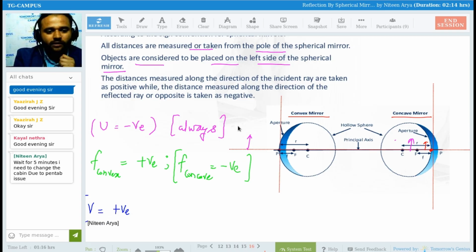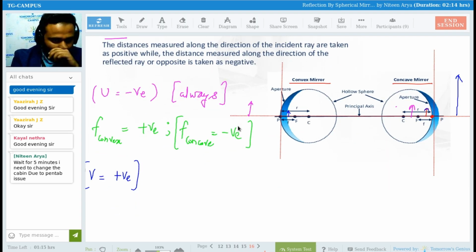Meanwhile, image distance V is positive only in two cases. For a convex mirror, it is always going to be positive because the image is diminished, virtual and erect. But for a concave mirror, we get it positive in only one case, an image which is virtual and large, when I put my object in between the focus and the pole.